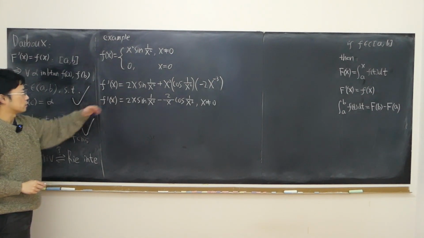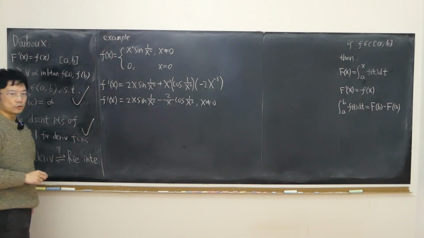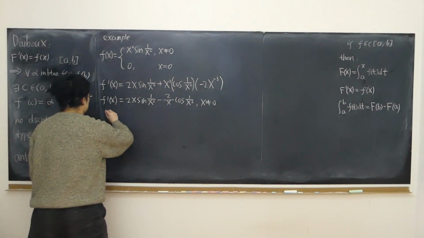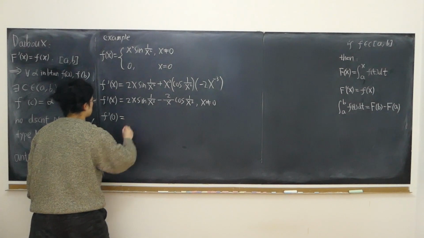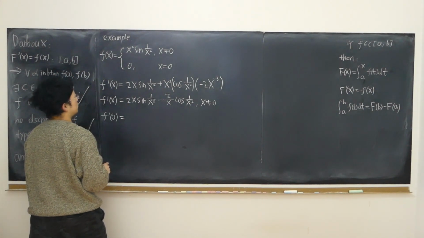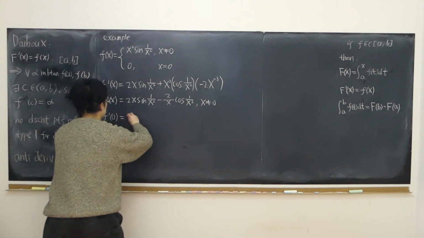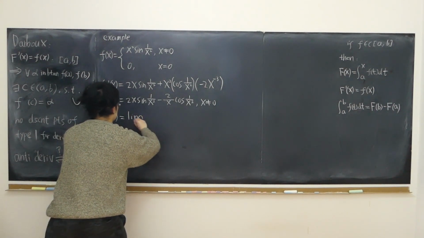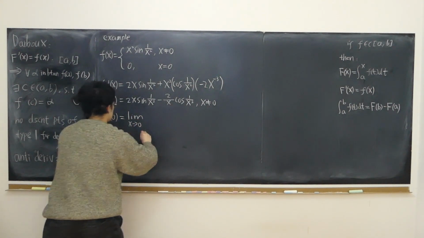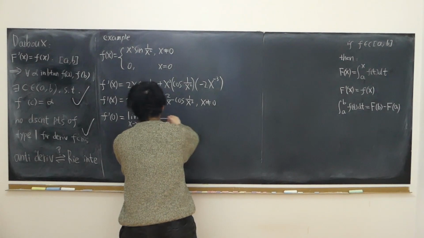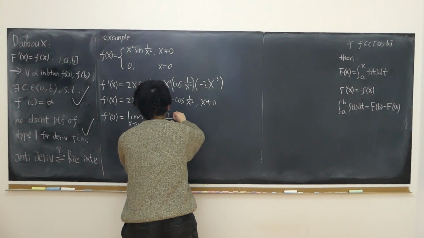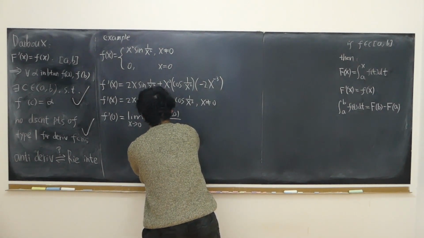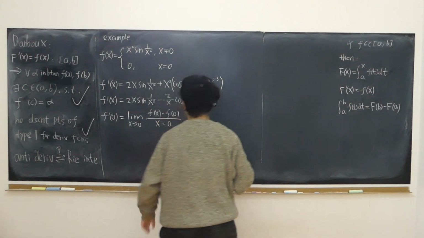We have the following derivative. If x is equal to 0, then f dash of 0 is equal to, using the first principle, the limit as x approaches 0 of f of x minus f of 0 over x minus 0.